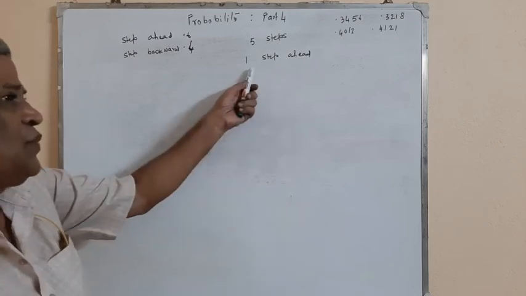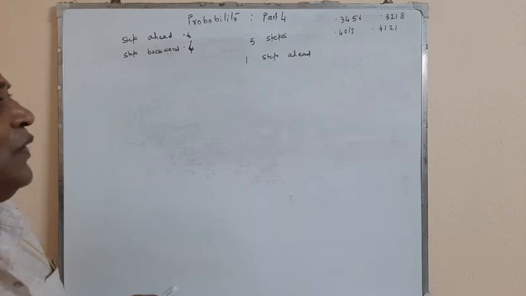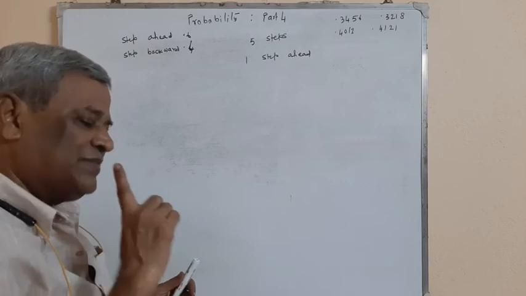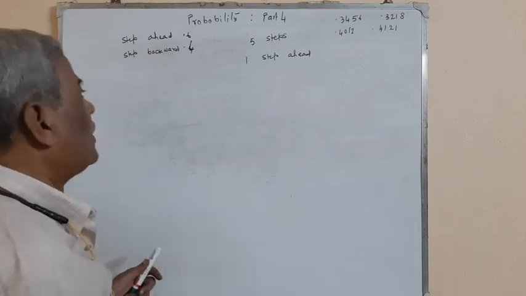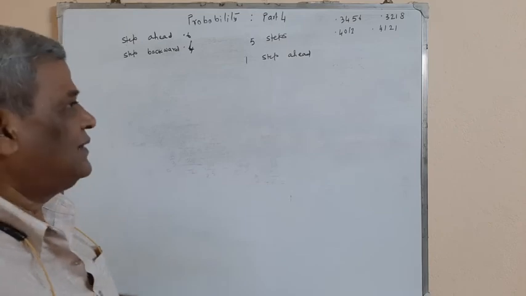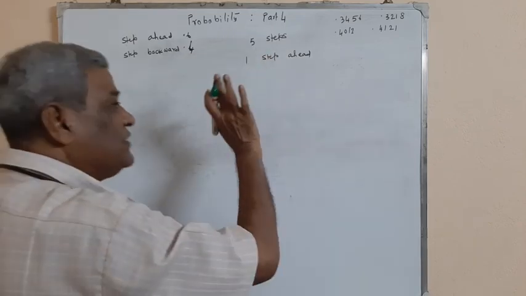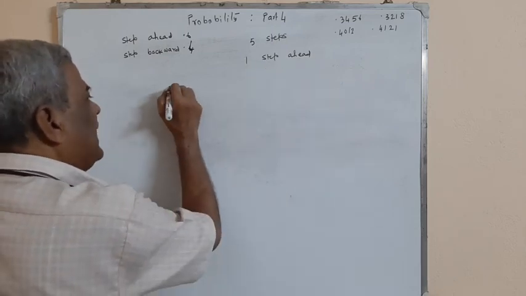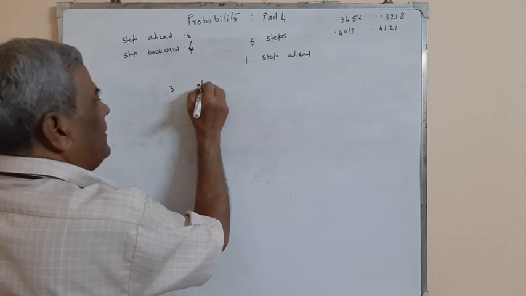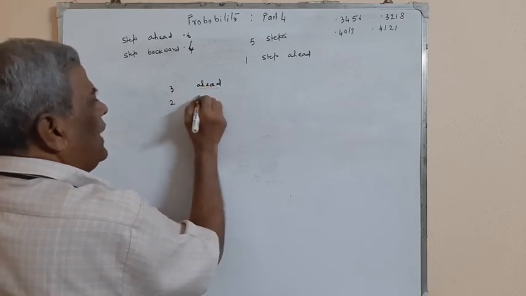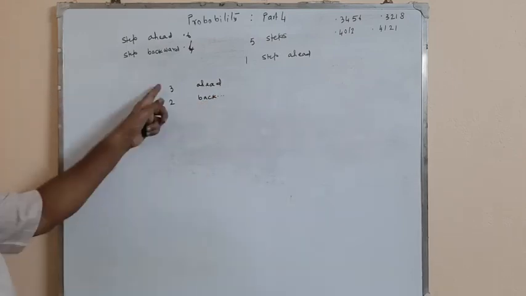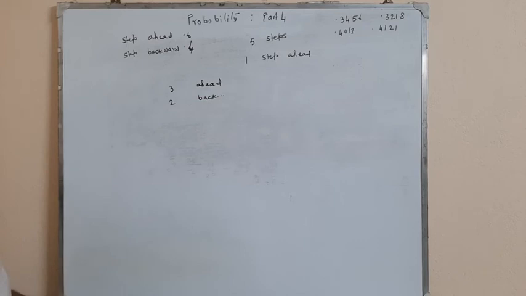What is its probability? And options are there. So it means he has taken 3 steps ahead and 2 backward, and then he is 1 step ahead. Its probability we have to calculate.